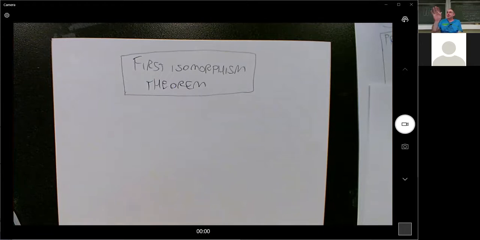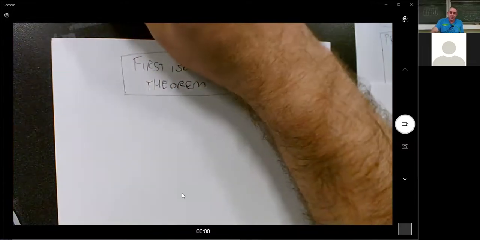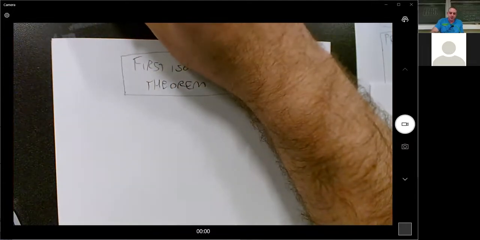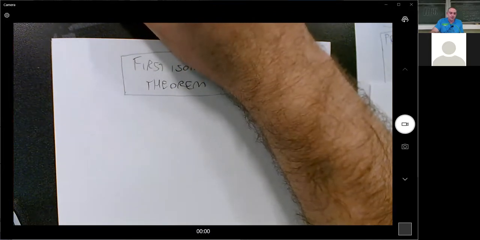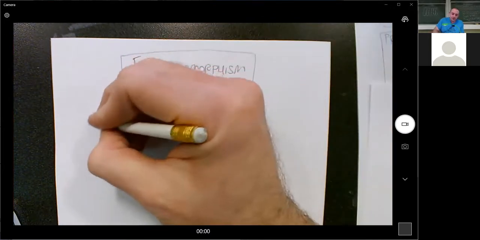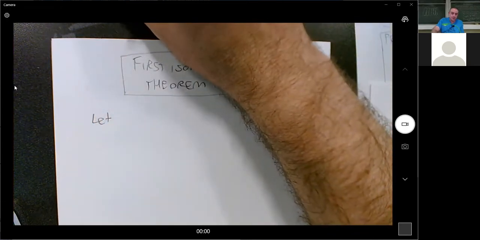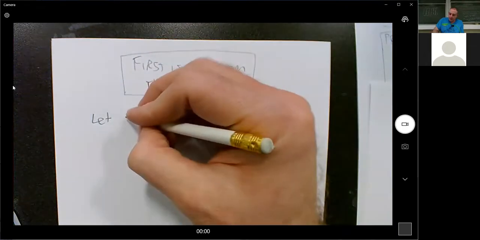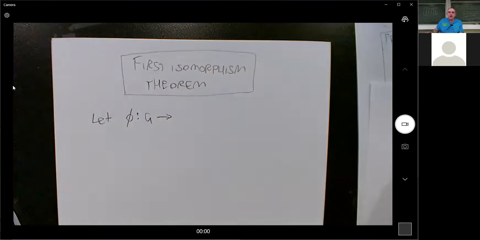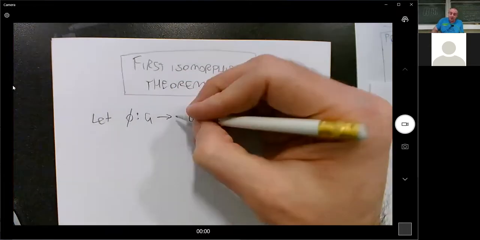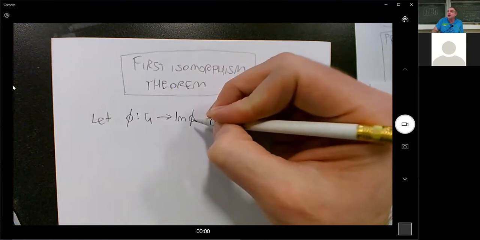Okay, so let's just talk this out. So the first isomorphism theorem, according to your lecturer's notes, is not there. Let phi, which sends G to, all right, I'm going to write the theorem exactly as it's written, and then we're going to change it to understand it better.